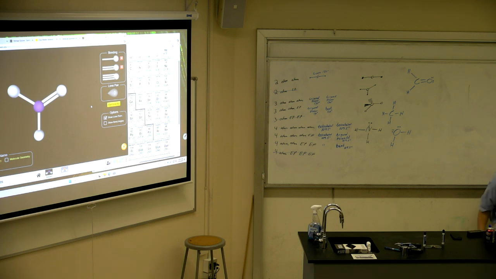So the groups around this are now, this is one of the groups, this is one of the groups, this is one of the groups. So that one's already on the board. What do you think that is? No pairs of electrons, 3 things around it. I've already written that one on the board. That one's trigonal planar. Again, trigonal planar, 120 degrees.